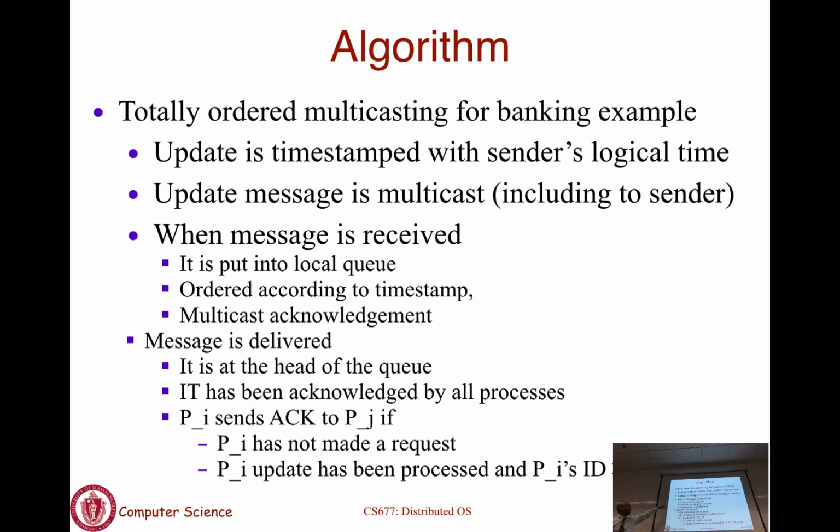So when a message is received, we are going to put it in a local queue, ordered by timestamps, and you have to send acknowledgements to all other processes saying I received such and such message. Okay, if I receive message 5.2, you send an ACK to everyone else saying I have received message 5.2. Okay, and then essentially you are going to only process messages when the following conditions are satisfied.